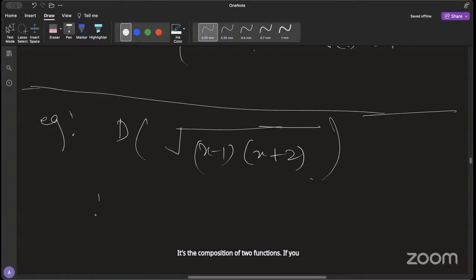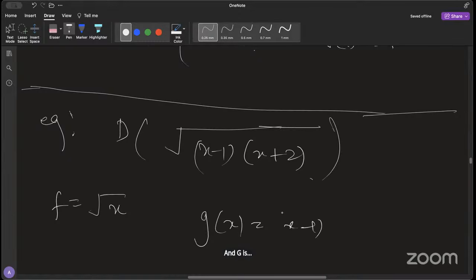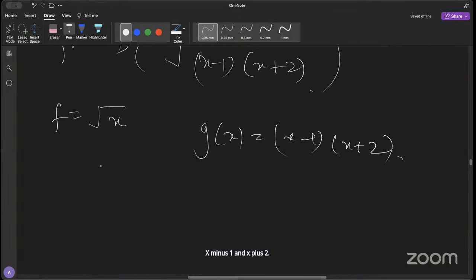If you see, it's the composition of f, which is square root of x, and g, which is (x minus 1)(x plus 2). And this entire function that's written here is f∘g.